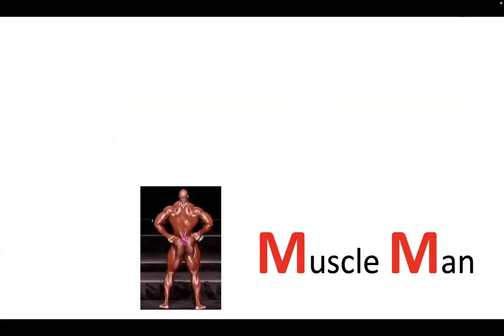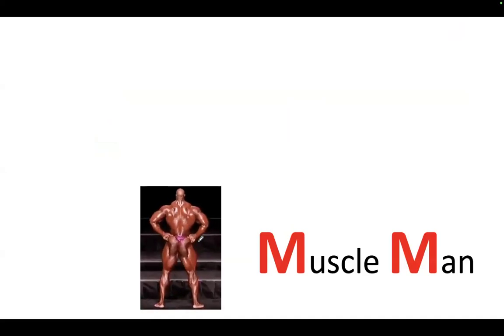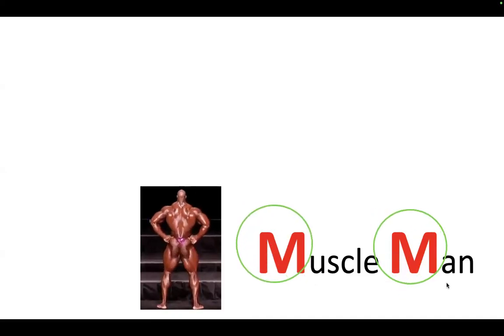Now, what do you see here at the bottom? I am introducing you to my friend known as the muscle man. What can you visually see? What catches your attention? What two letters catch your attention right now?